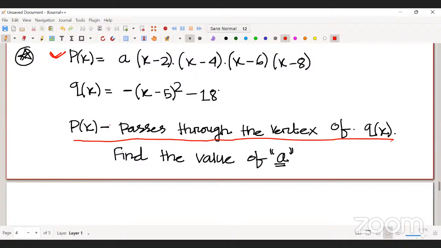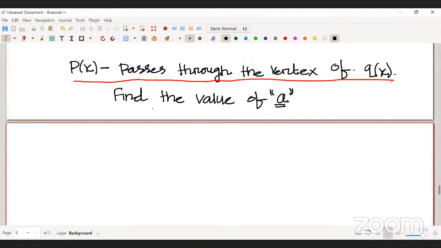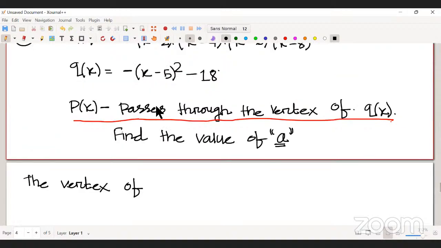So our next target is to find the vertex of Q of x.